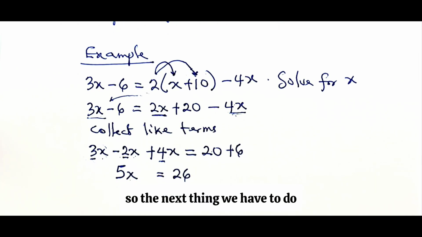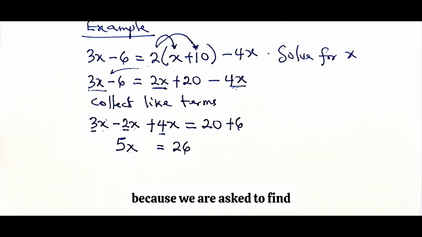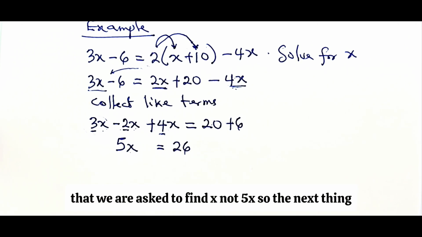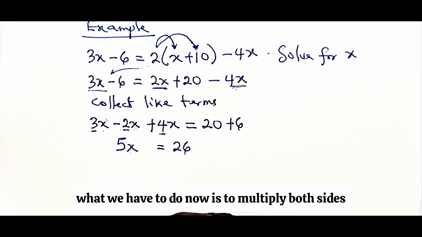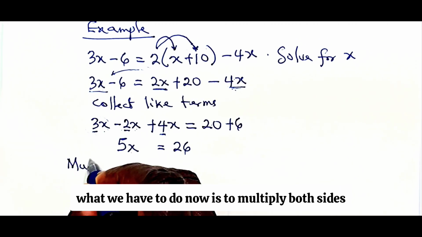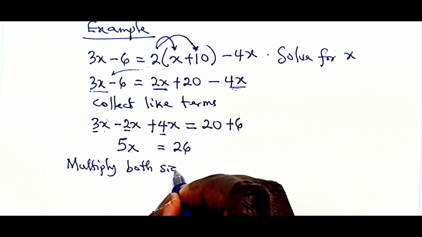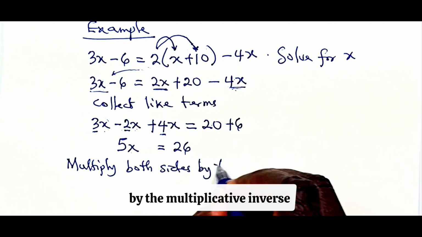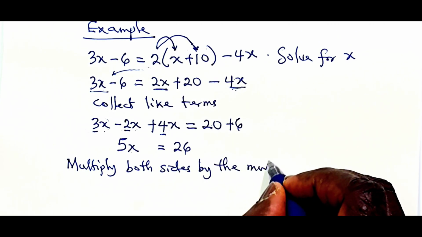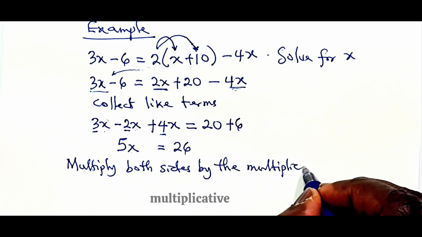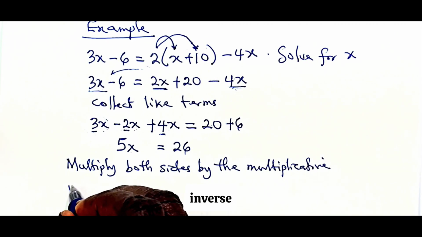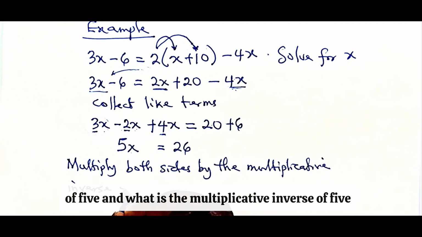So the next thing we have to do, because we are asked to find x, not 5x. Be careful with that. We are asked to find x, not 5x. So the next thing we have to do is to multiply both sides by the multiplicative inverse of 5.